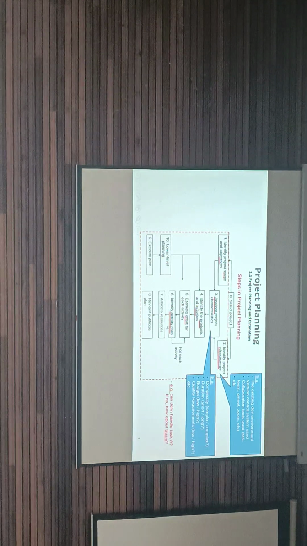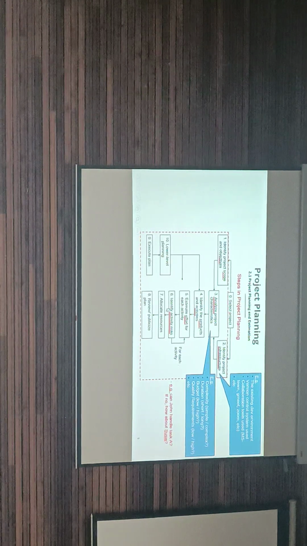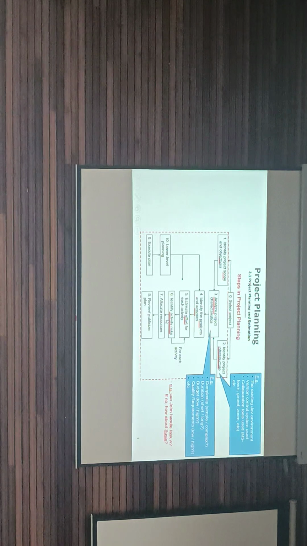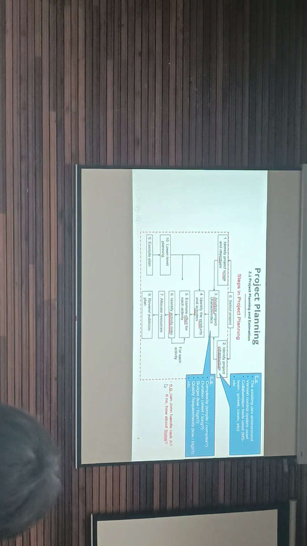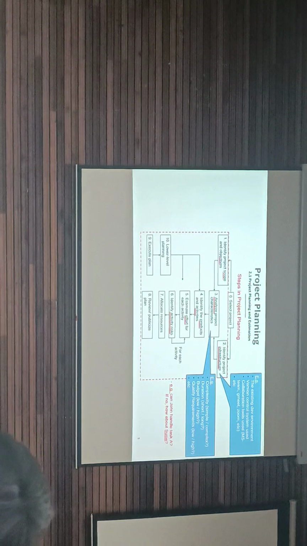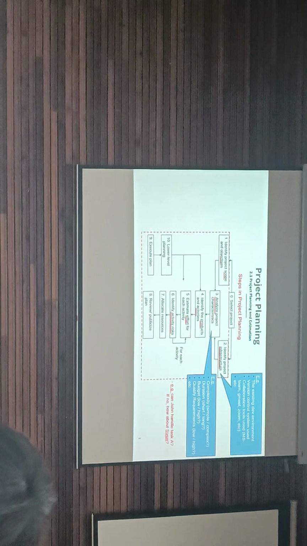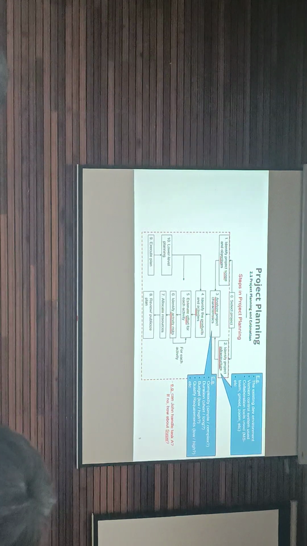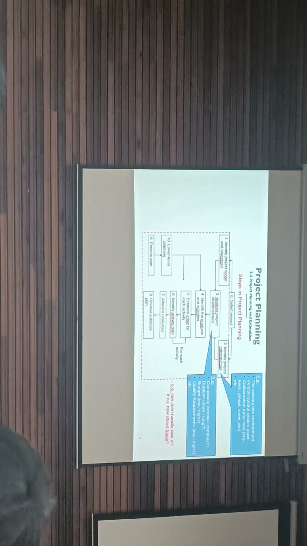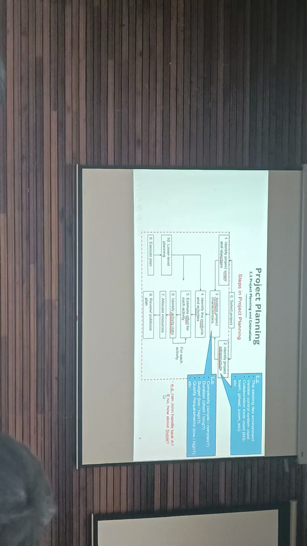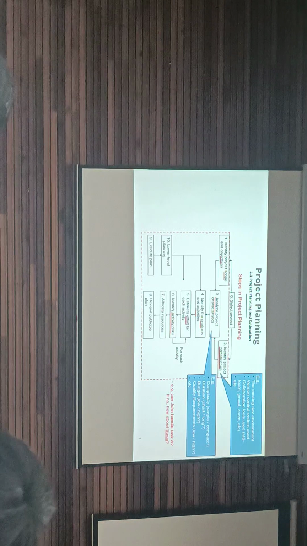Example of risk. Identify activity risk. You may ask a question like this: can John handle task A? You plan to assign task A to John. You ask, can John handle task A? If the answer is no, how about Susie?